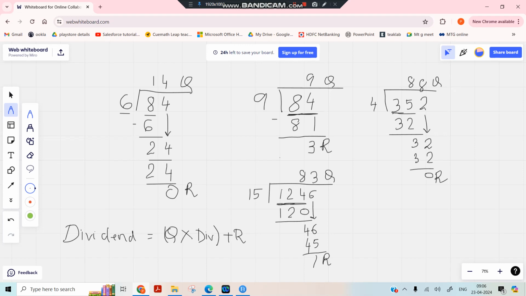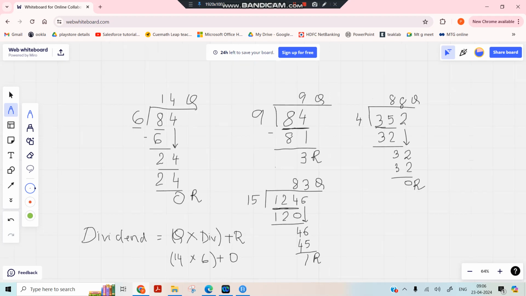Let's check the first one. So our quotient here is 14. Our dividend is 6. We'll multiply this and we'll add the remainder, which in this case is 0. So what is 14 times 6?